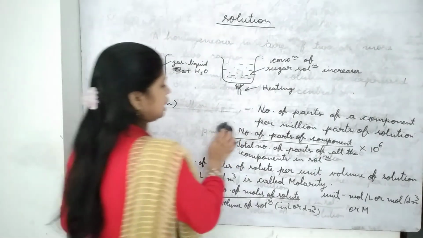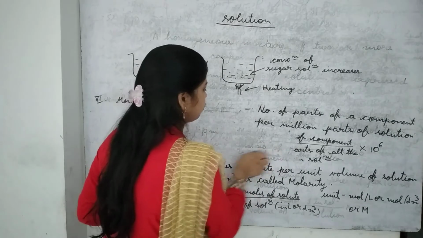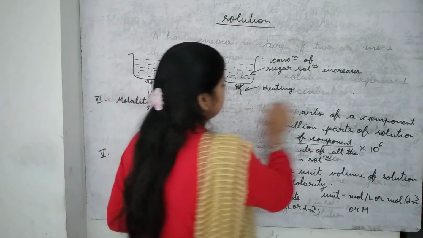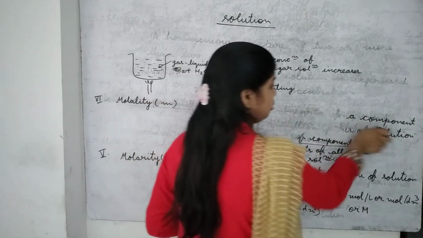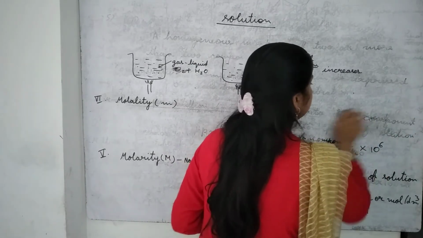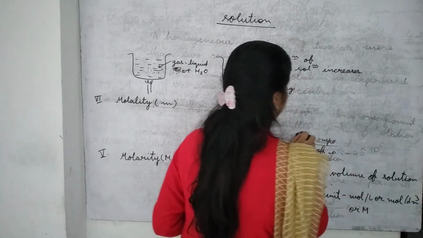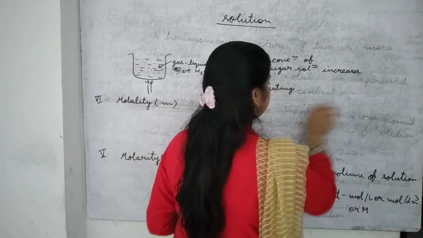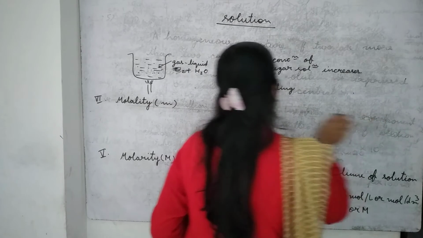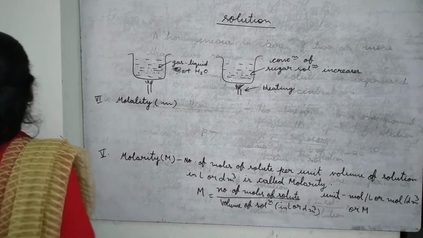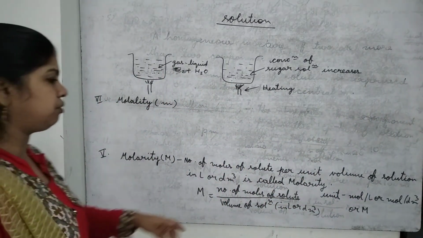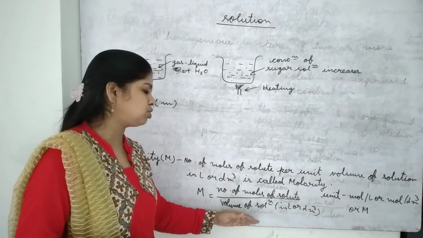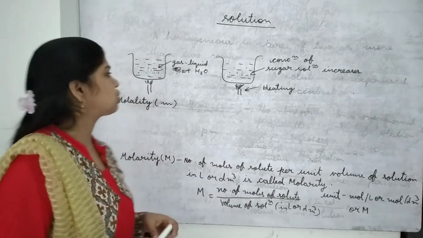Here also we consider number of moles of solute, but not volume of solution. We'll consider mass of solvent in kg. That means it is showing relation between number of moles of solute and mass of solvent. And molarity is showing relation between number of moles of solute and volume of solution.